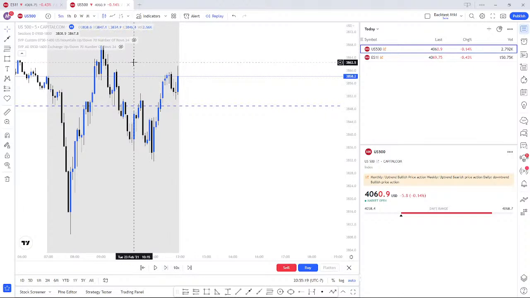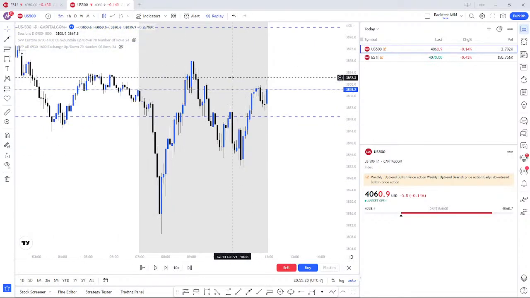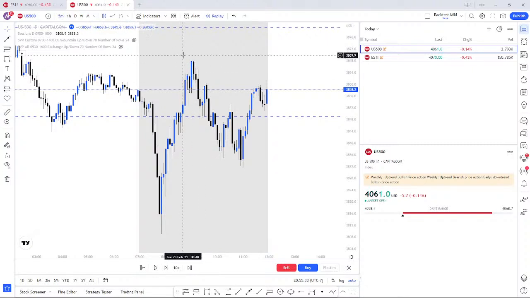Signal, price interacts here. Signal, price interacts here. It's not bad. I don't really like it like this though.